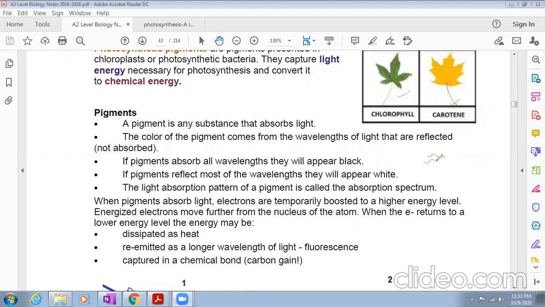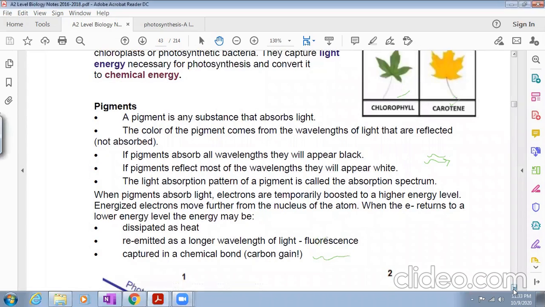That energy will be in the form of thermal energy, heat energy, or it will be in the form of fluorescence. You will see fluorescence, right? So that will be in the form of fluorescence or heat energy. And that energized electron will come back, right?